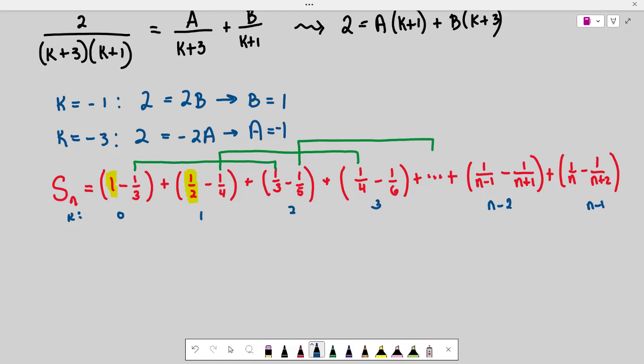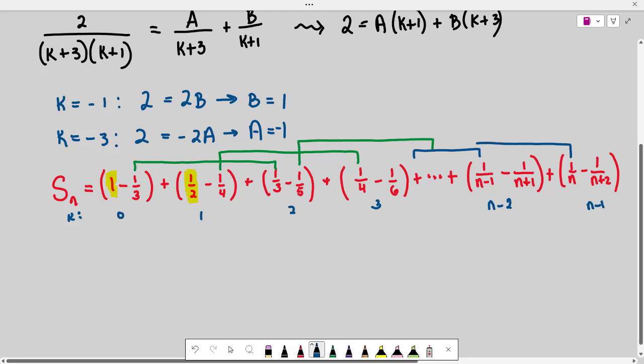So going this direction, first parts are going to cancel after a skip. So these first parts are going to cancel, and the only things that will not cancel are these second parts. These second parts are both alive and well.